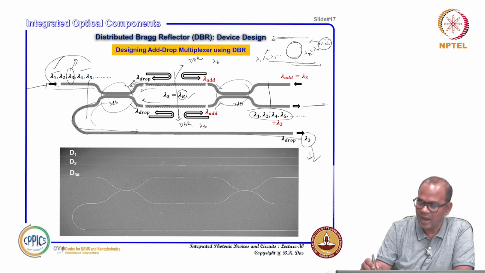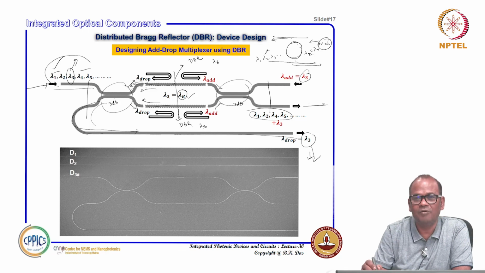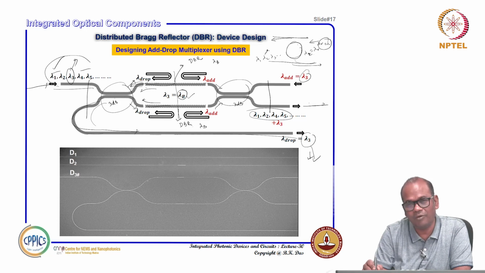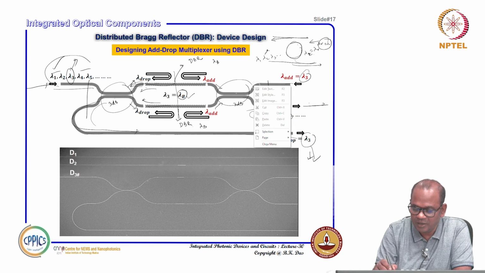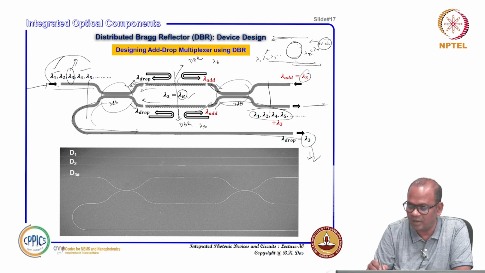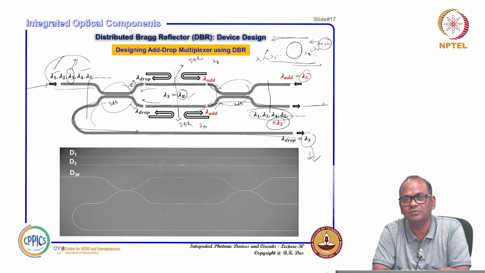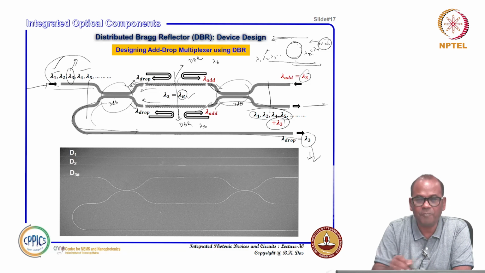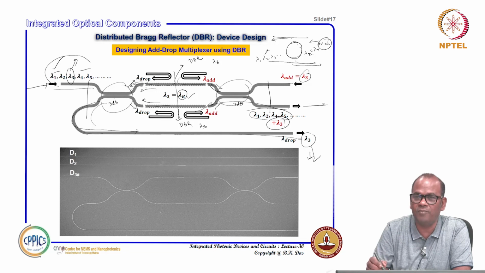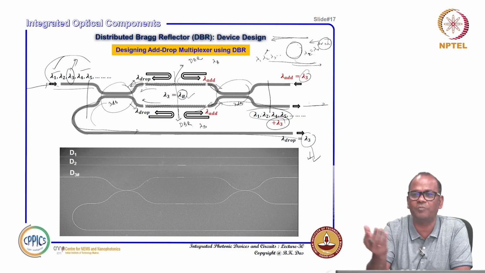What you could do is take the same lambda 3 with additional information, maybe collected from any other sender or transmitter through that port, and just launch it here. It can split again here. By the same principle it will reflect back and come back here. Lambda 3 will be added.